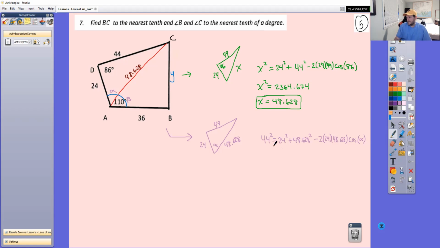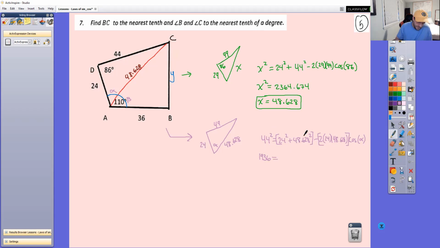So again, to solve this one, we'll do all this out. We'll do out this coefficient and kind of work from there. So there's all this stuff. 44 squared. This one I will walk you through because we haven't done this exact one in a while. So it's 1936.